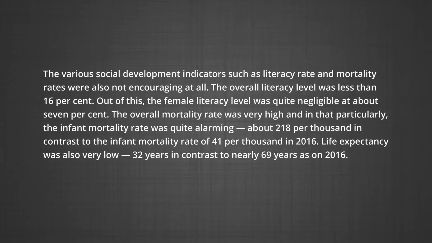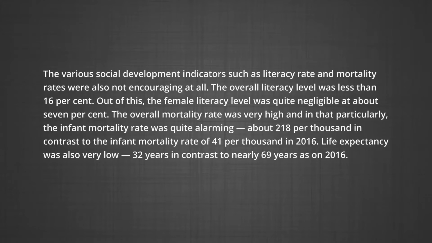The various social development indicators such as literacy rate and mortality rates were also not encouraging at all. The overall literacy level was less than 16%. Out of this, the female literacy level was quite negligible, about 7%. The overall mortality rate was very high, and in that particularly the infant mortality rate was quite alarming, about 218 per thousand, in contrast to the infant mortality rate of 41 per thousand in 2016.